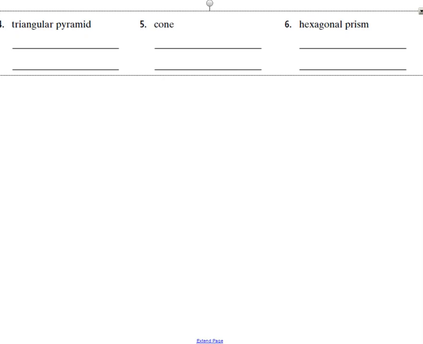Alright, so number 4, triangular pyramid would have one base triangle and 3 lateral triangles.